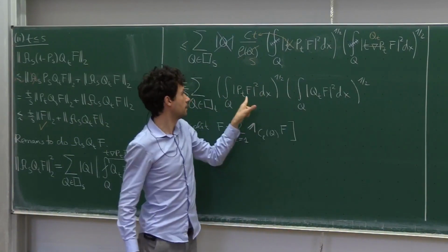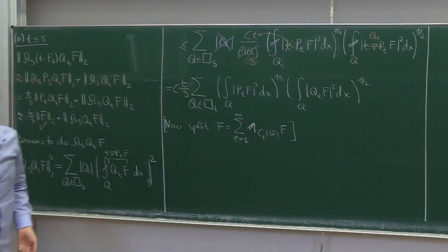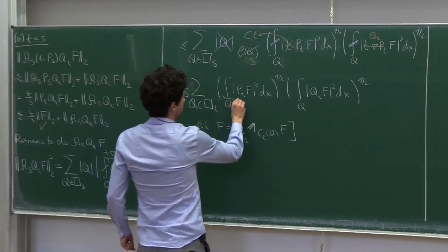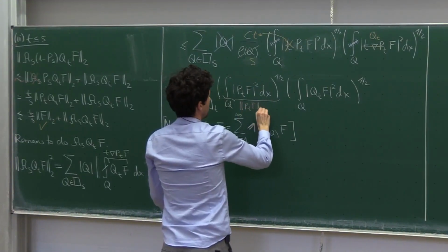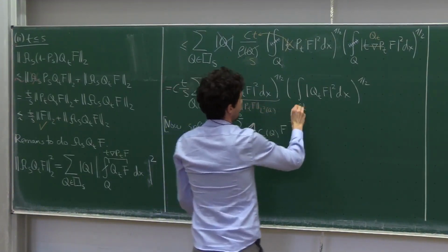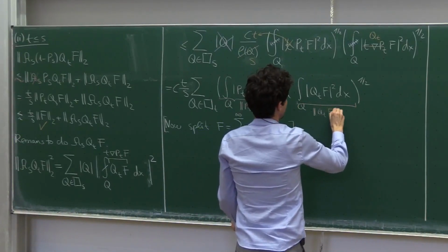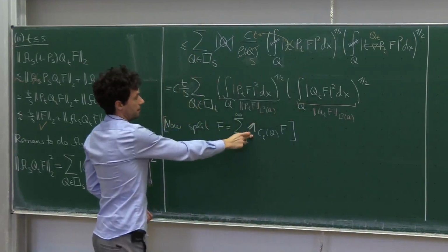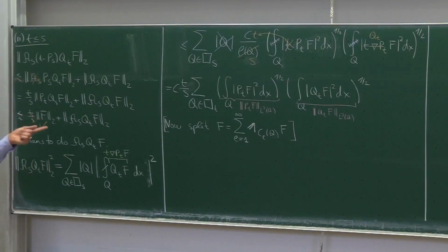For the P_T operators, I have the L2 norm, and for the Q_T operators too. So I should probably write it like this: this is P_T f in L2 on Q, and this is Q_T f in L2 of Q. I split f like this, then I'm in the off-diagonal business, because P_T and Q_T both satisfy L2 off-diagonal estimates.